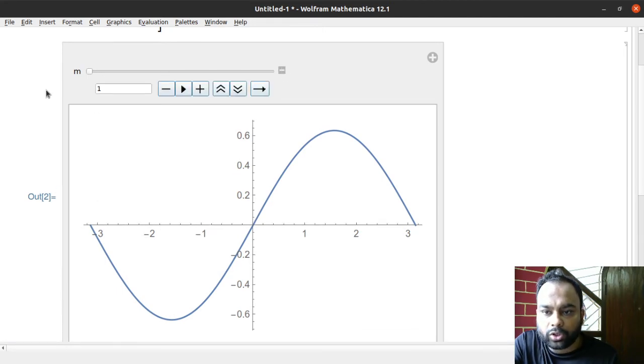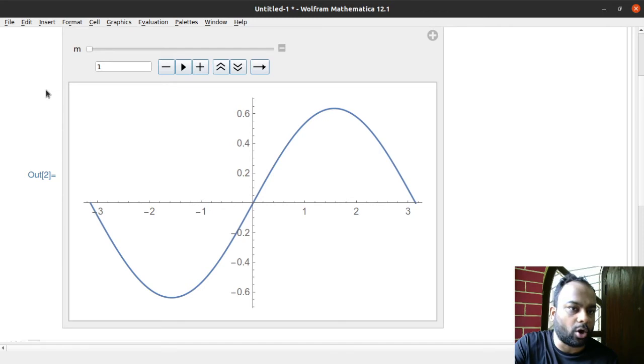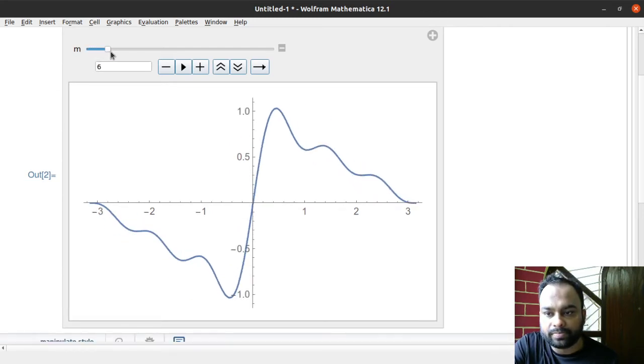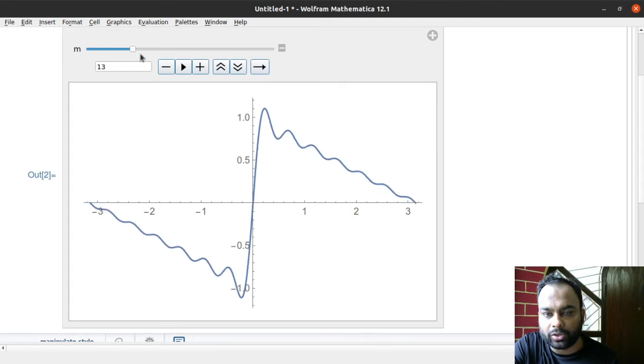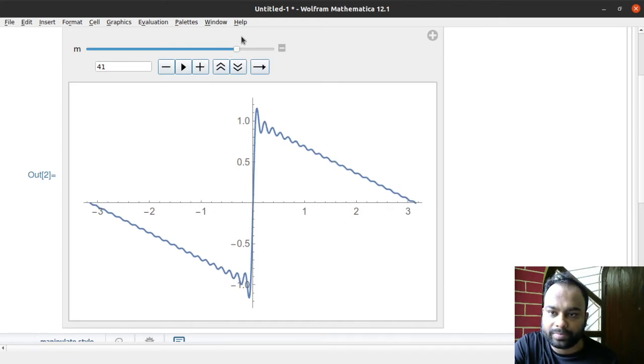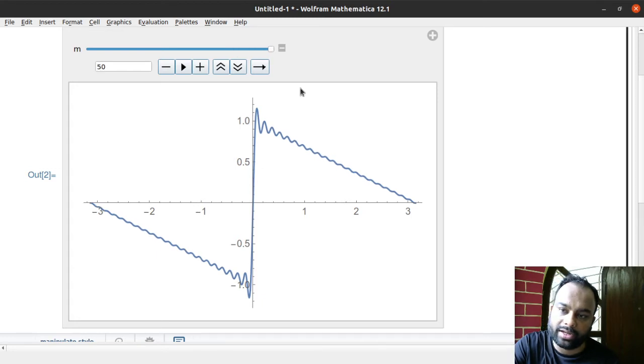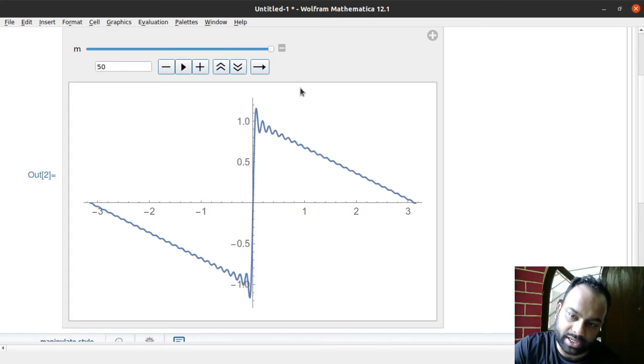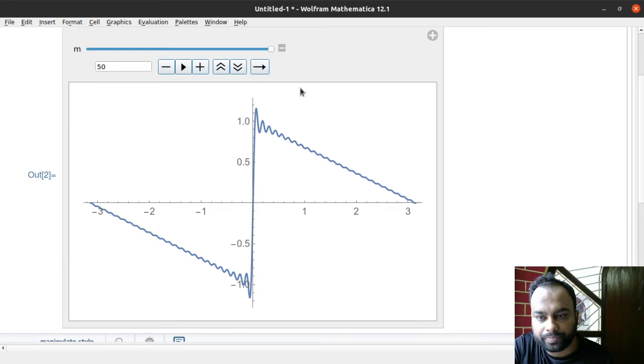So again, this is just the original signal. And if I keep on adding components, look carefully at what is happening to the signal. This is giving you the signal we are discussing here. So this is the Fourier series for the signal.